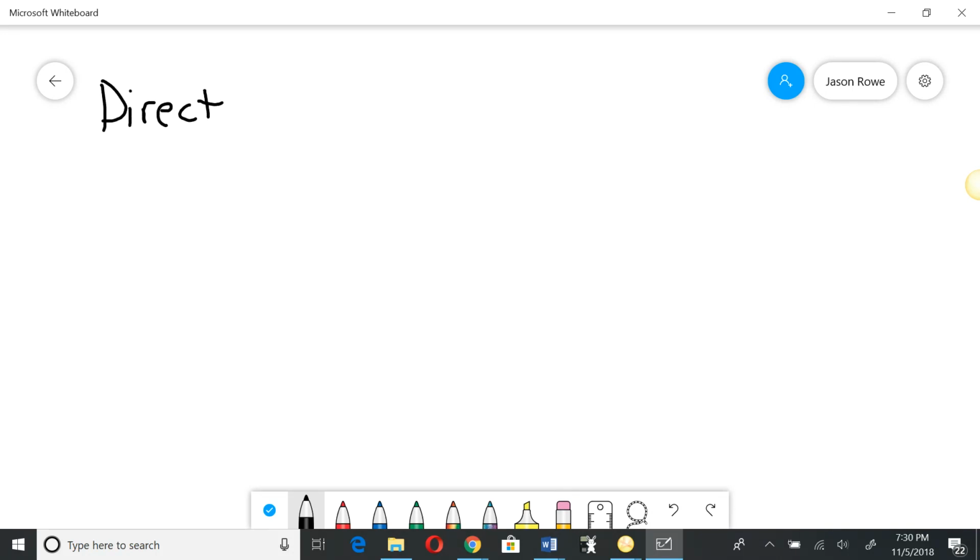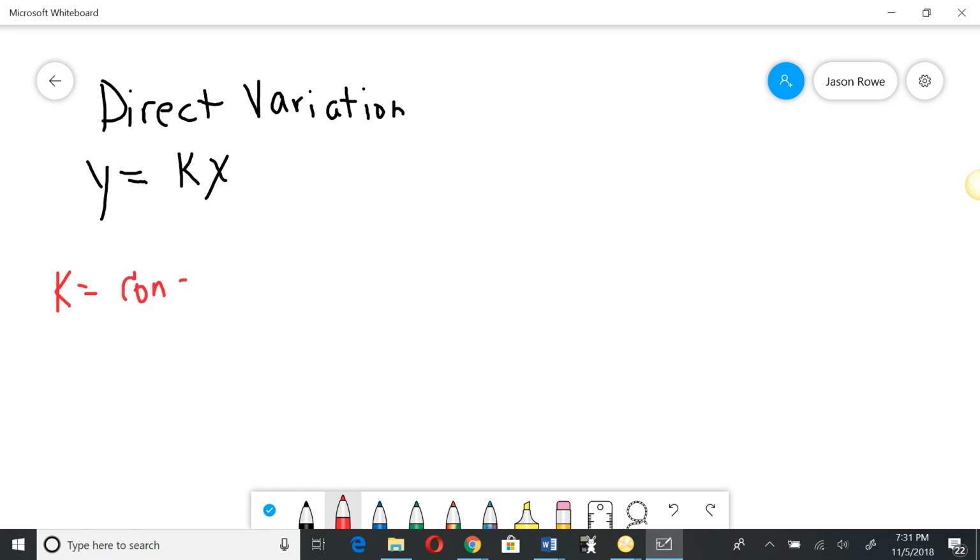Anytime you hear the word direct variation or you see the word direct, this is the equation you should think of. And that would be y equals kx. Now, what is k? K is the constant of variation.